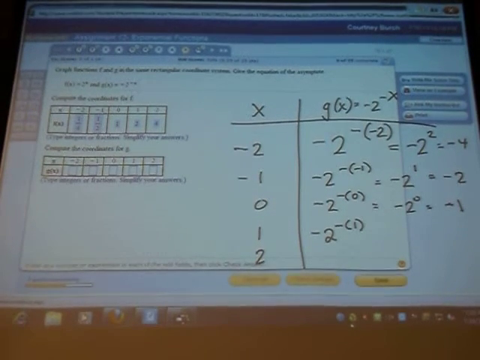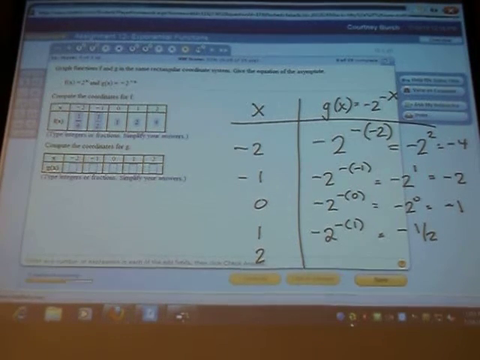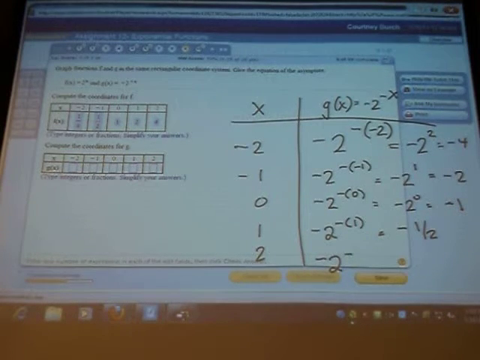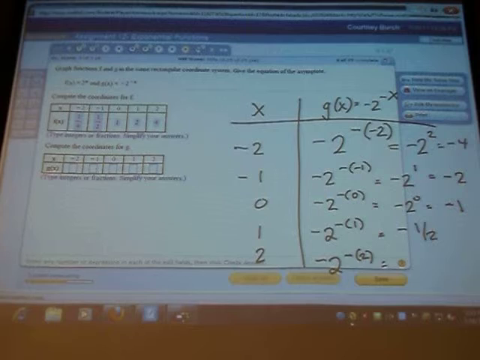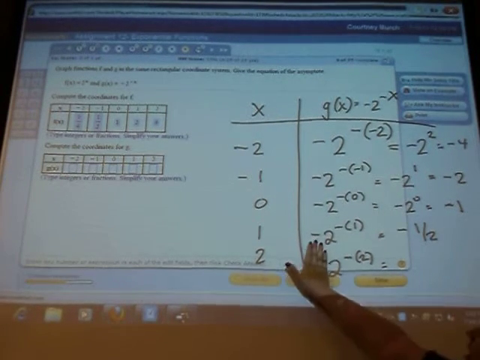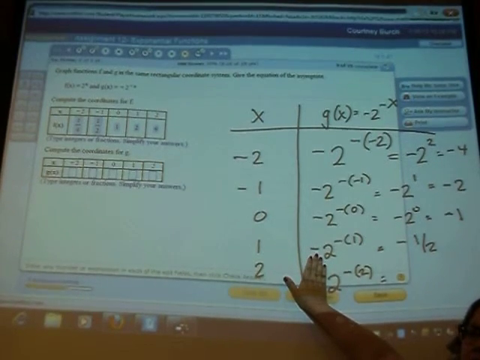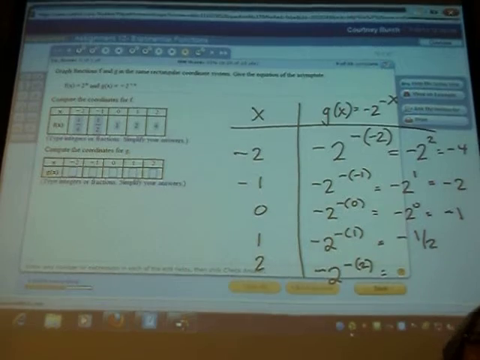You need practice on these. Yeah, you definitely need to. Okay, what about negative 2 to the negative 2 power? Is that negative 1/16? 1/4. 2 to the negative 2 is 1/4. And the negative in front just makes it negative.